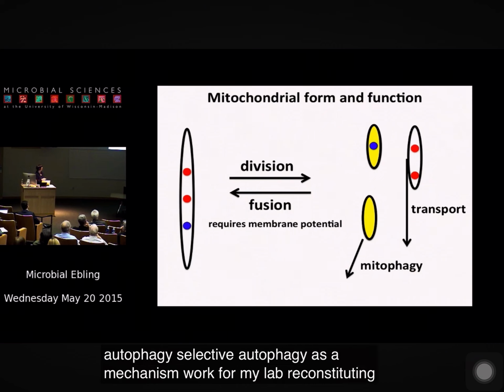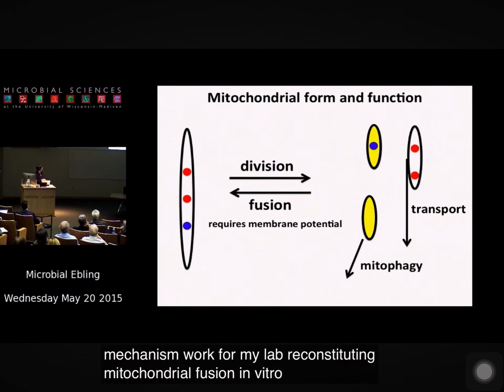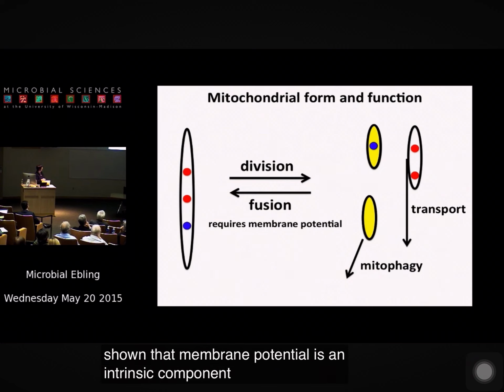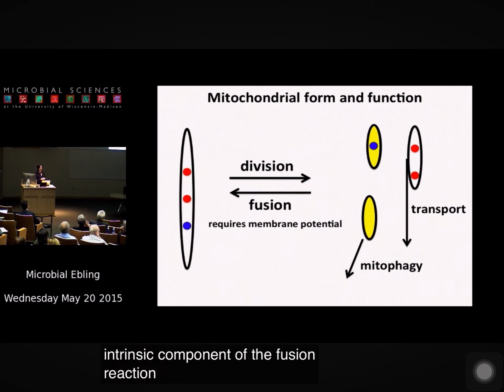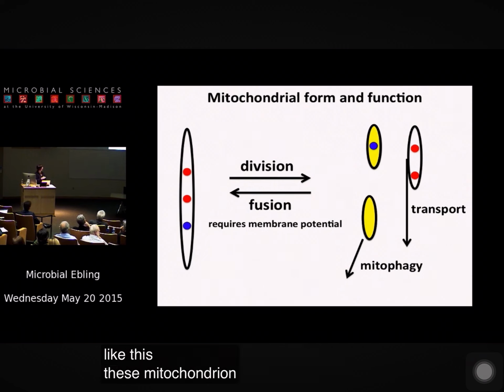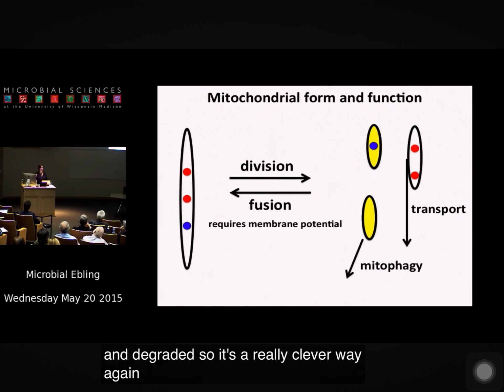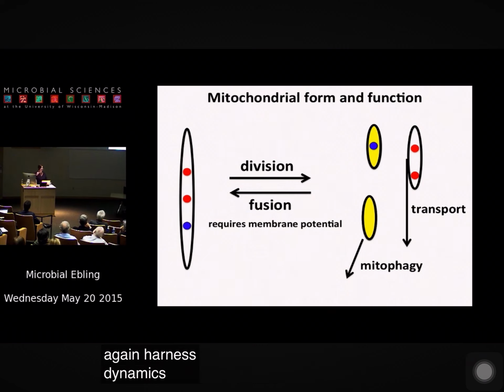Work from my lab reconstituting mitochondrial fusion in vitro has shown that membrane potential is an intrinsic component of the fusion reaction. So once you get a situation like this, these mitochondria can no longer join back to the herd. They're forever culled and degraded. So it's a really clever way, again, to harness dynamics, this continuous process of dynamics, for a quality control pathway.